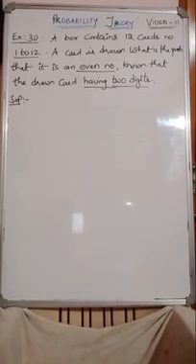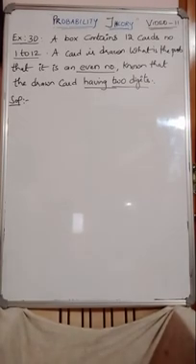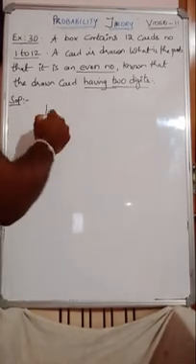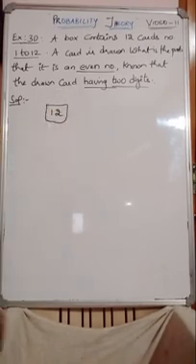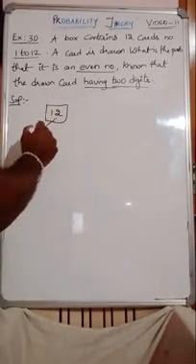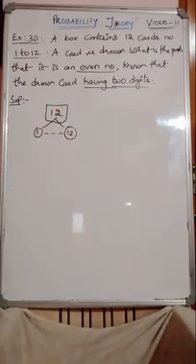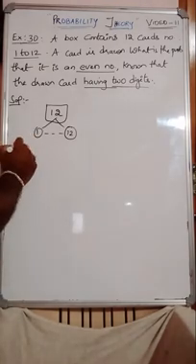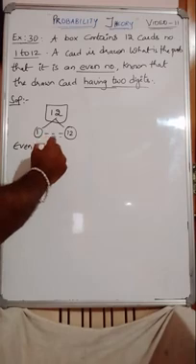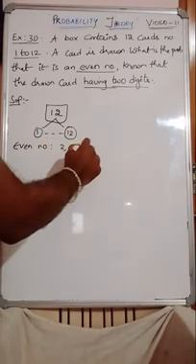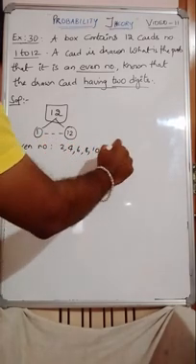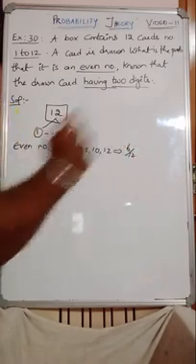Look at this question, guys. A box contains 12 cards. So totally a box contains 12 cards numbered from 1 to 12. Next, what is the probability of getting an even number? From 1 to 12, even numbers were how many? 2, 4, 6, 8, 10, 12. 6 by 12, right?